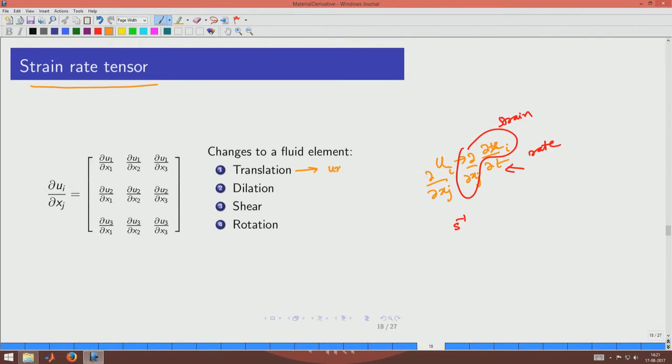That means that uniform velocities would give you translation, but if there are gradients, then the other 3 things can happen, and the dilation will happen whenever these quantities are non-zero. So dilation would be caused by these terms.